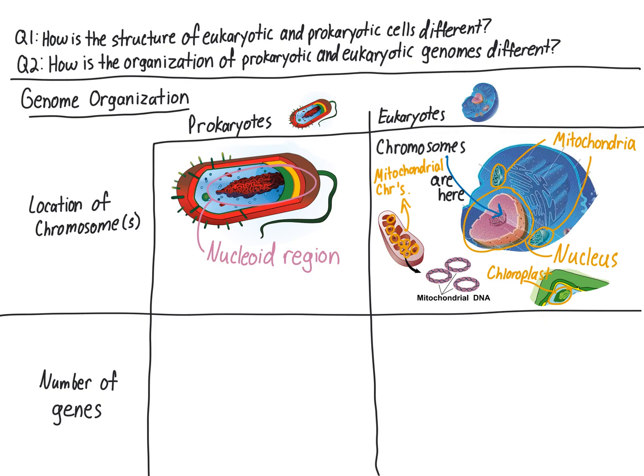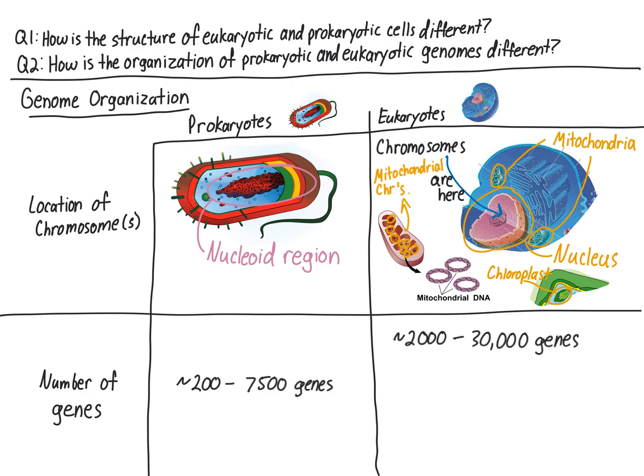Prokaryotic genomes are relatively small, but can range quite a bit in how many genes they have. Parasitic prokaryotes can have down to just a few hundred genes, whereas more complex free-living prokaryotes typically have a few thousand genes.